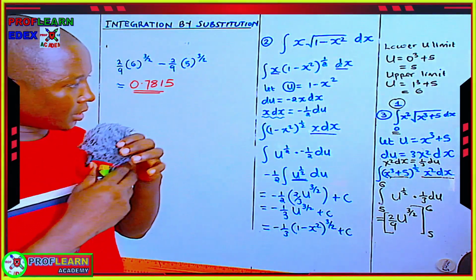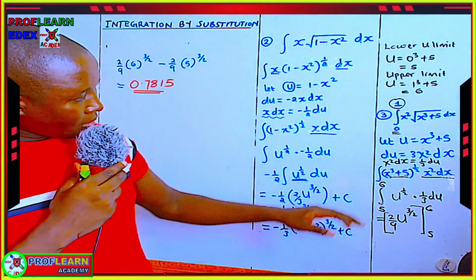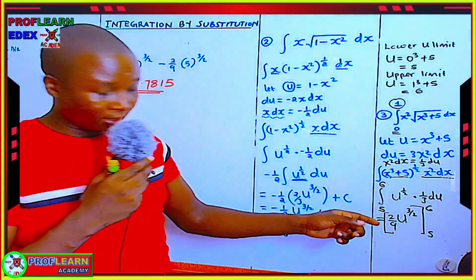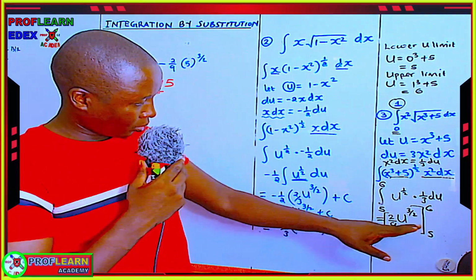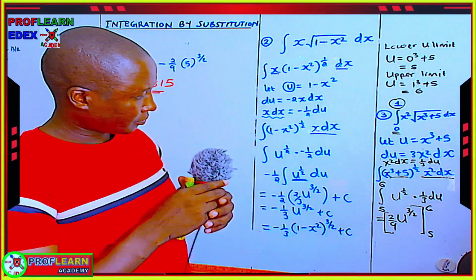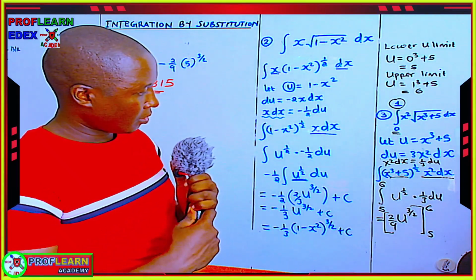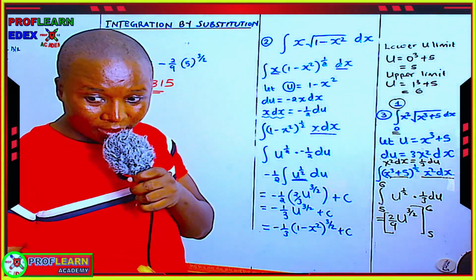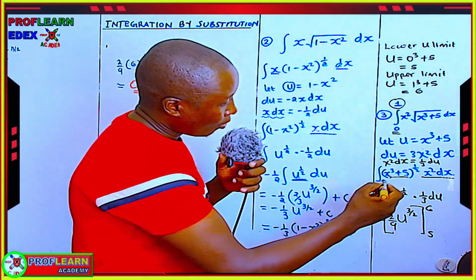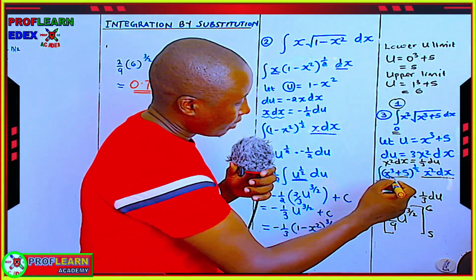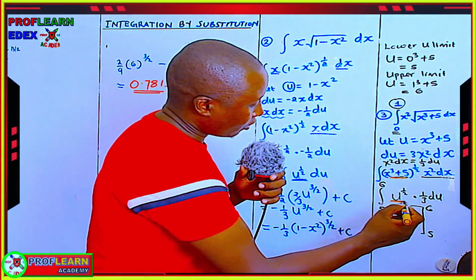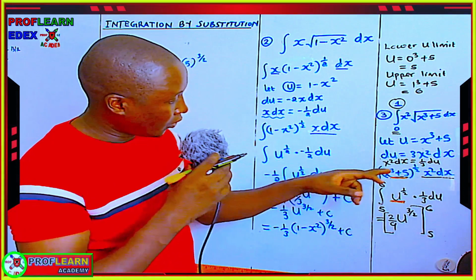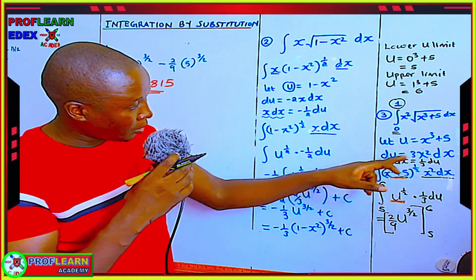Okay, the next part that we need to focus on, once you've integrated this part to get this one, is the substitution of u. Of course, x squared dx is going to be obtained from here.